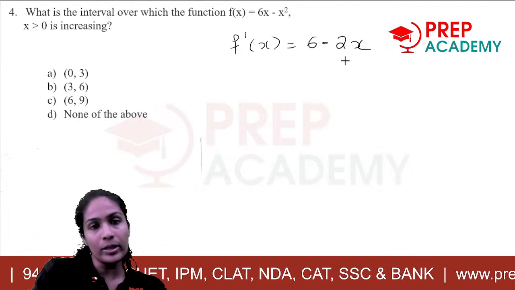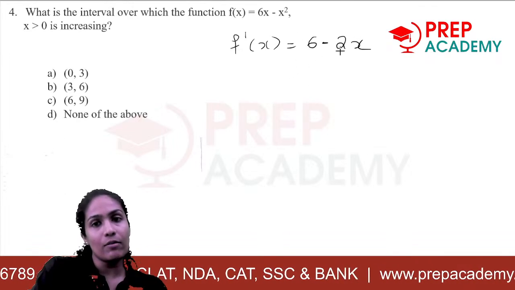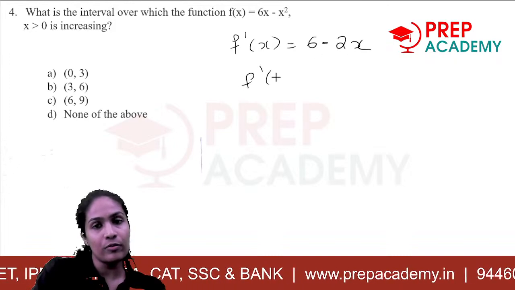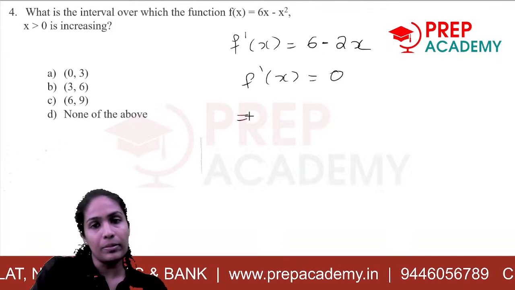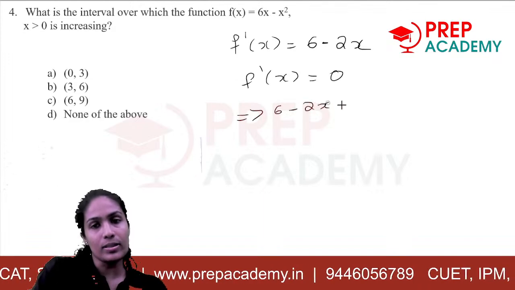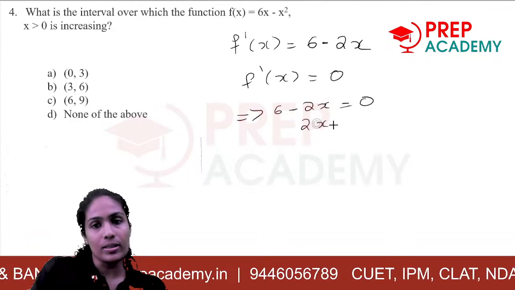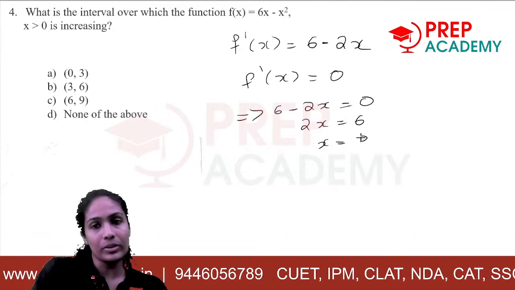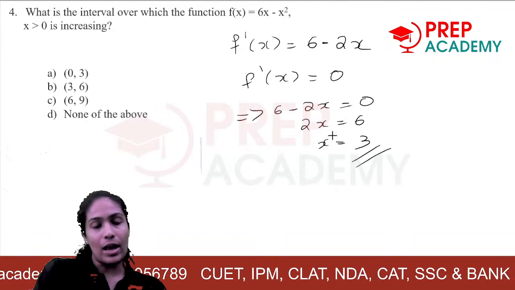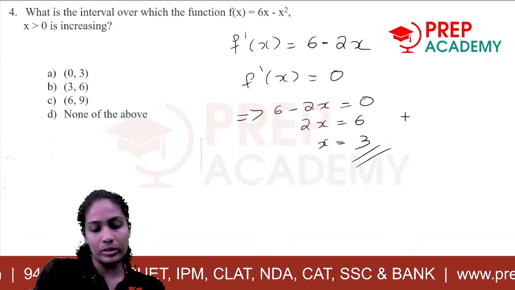To find the critical point, we equate the first derivative to 0. That is f dash of x is equal to 0, which implies 6 minus 2x is equal to 0, or 2x is equal to 6, or x equal to 3.